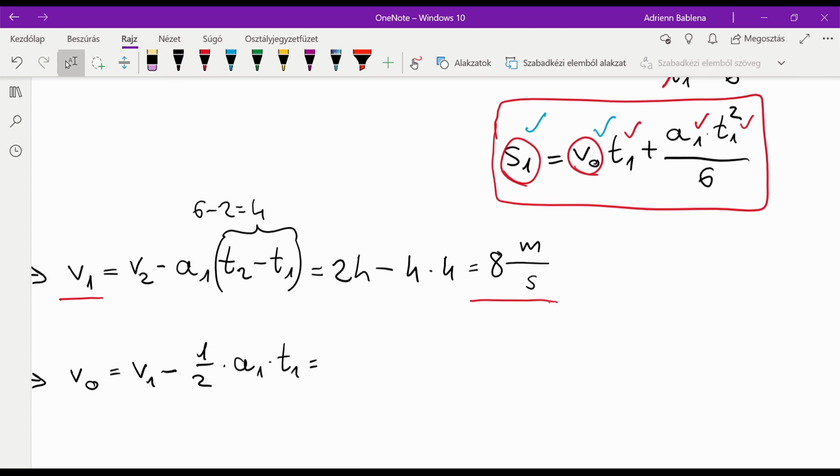Okay, substitute our values. V1 was 8 minus 1 over 2 times A1 was 4, T1 was 2. Okay, I think we are right, and from this V0 is 4.